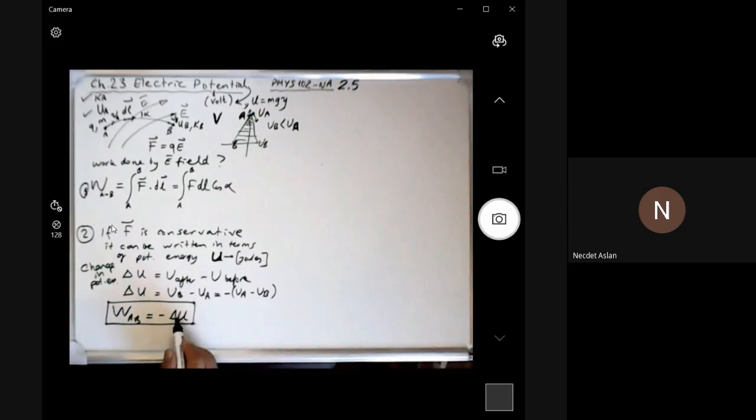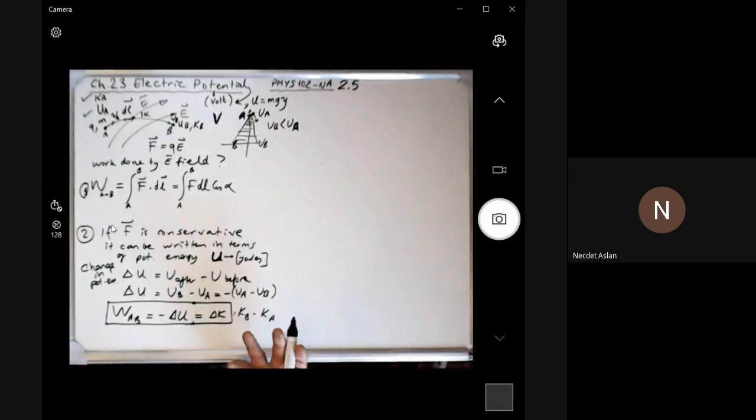The reason that we have written the change in the potential energy like delta U is because this work done is also equal to delta K. As you see, delta K is KB minus KA. So if work is done on the object, let's use our logic.